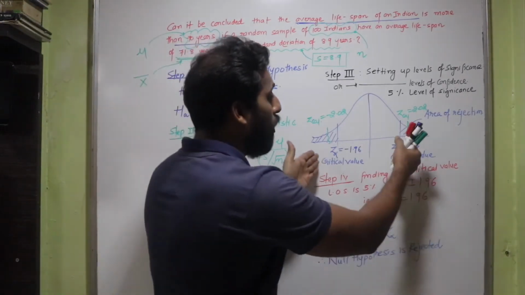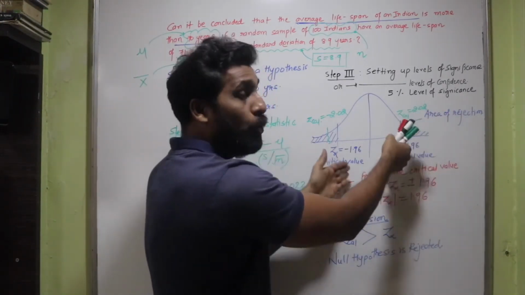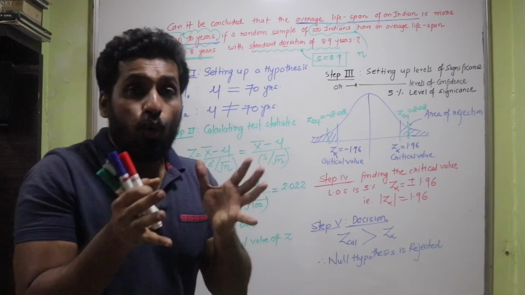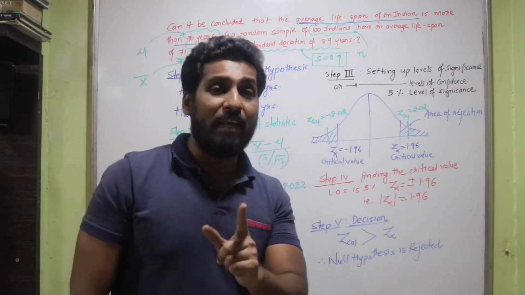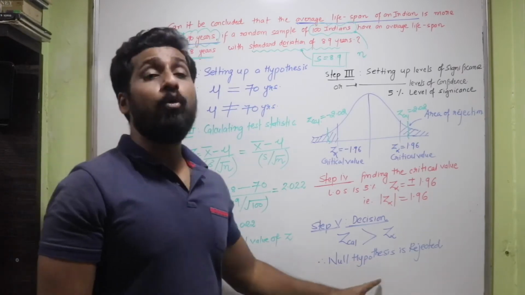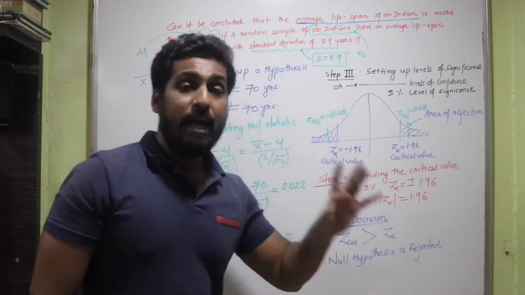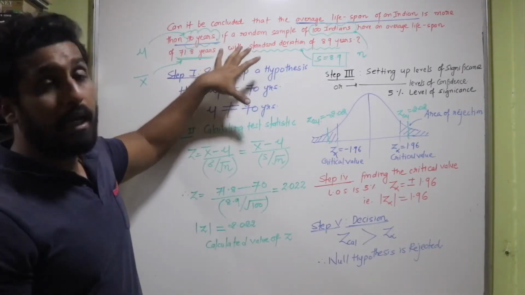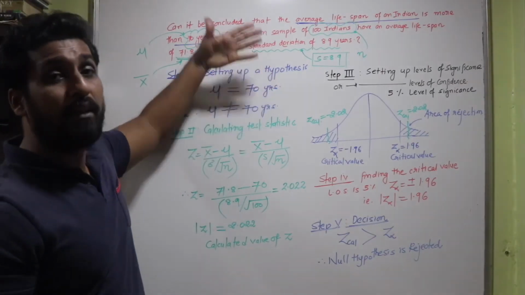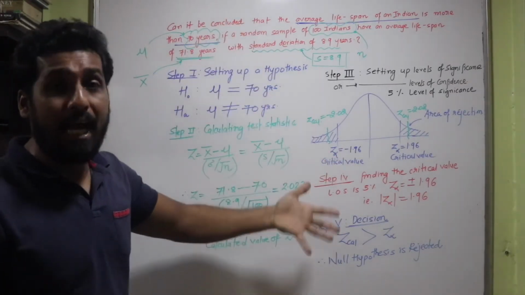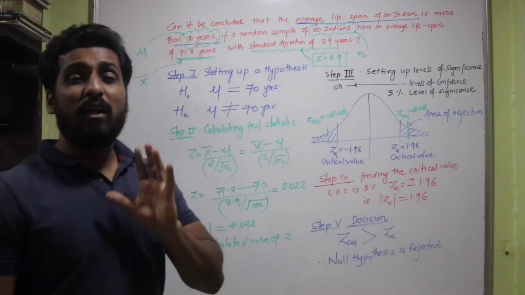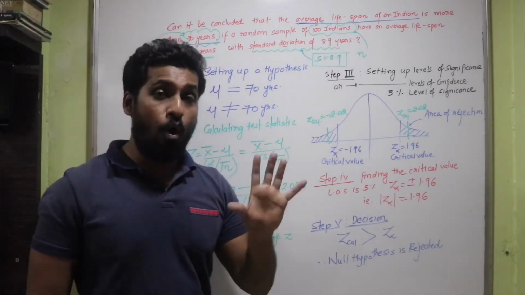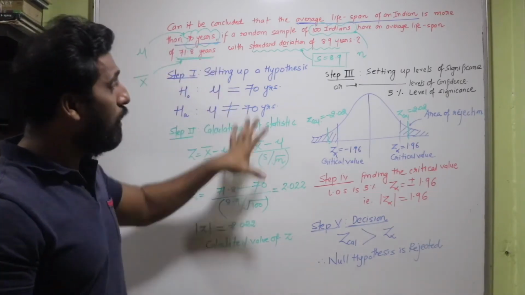Obviously 2.5 is far more away than 2.02, isn't it? So the 2.02 value lies within the confidence limit. At that time you can say that the null hypothesis will be accepted. That means the given sample is resembling the population, and the population has an average lifespan of 70 years. So this is the simple meaning of this question, and this is how the question is solved.